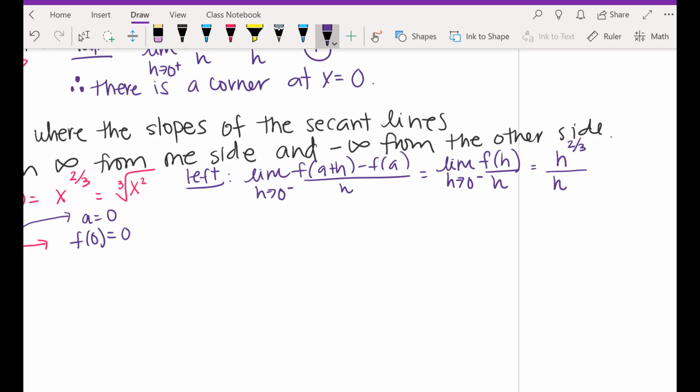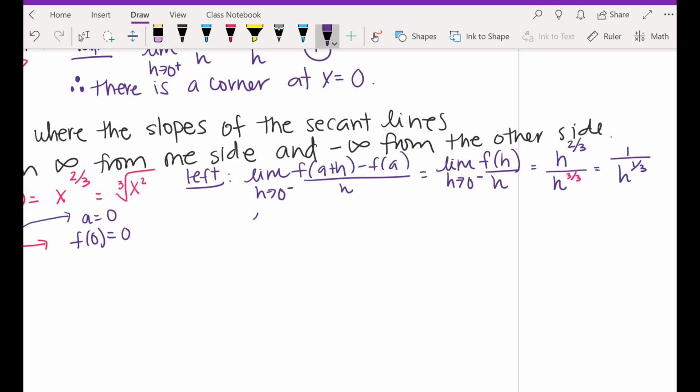You subtract. What exponent is in the bottom? 1. But because I have to find a common denominator, can I write that as 3 over 3? Yeah. So when I subtract, what am I left with? H to the, would you agree, like that? Like that. Okay. As h approaches 0 though.